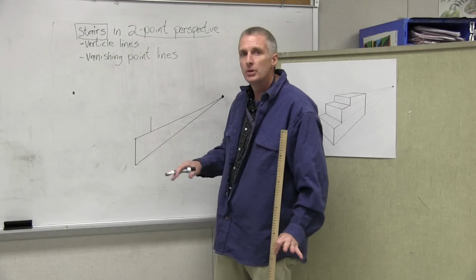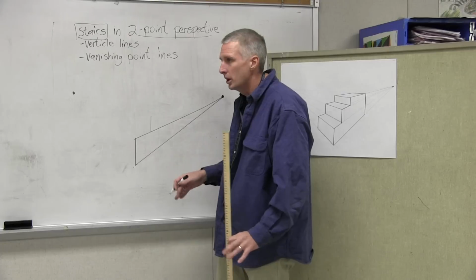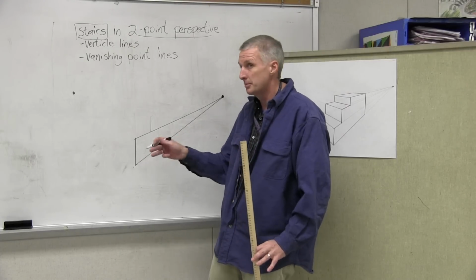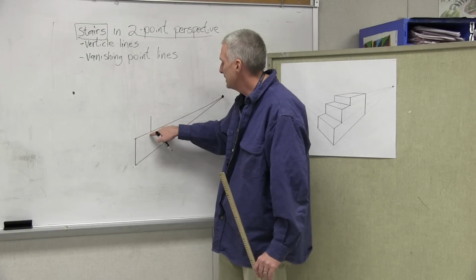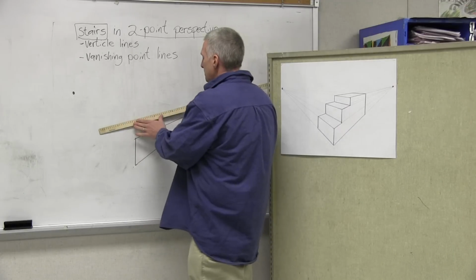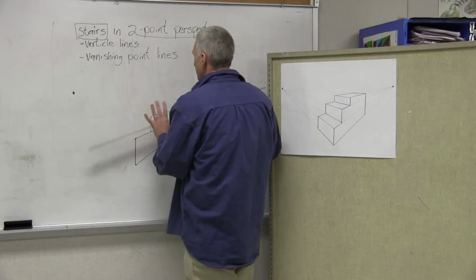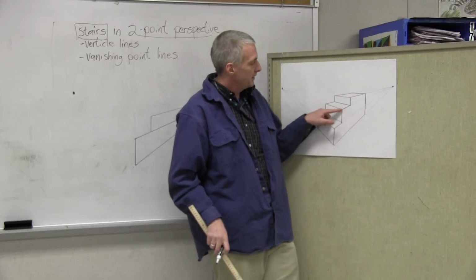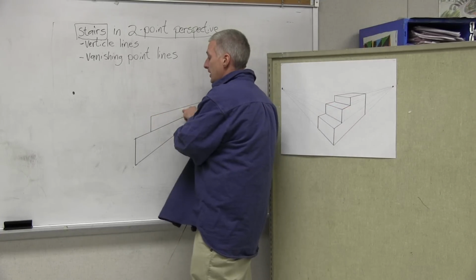Right now, we're doing it in what they would call empirical perspective, which is more just based on estimate and observation. So I went in a little bit, and I did a vertical line here. That's going to be the center line of the second step, and I'm going to connect that back to the vanishing point also, and that's what this red line here is. So that's what I just did there.